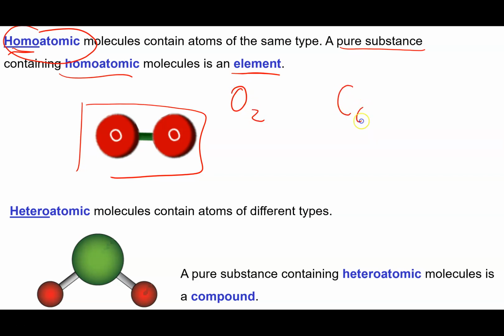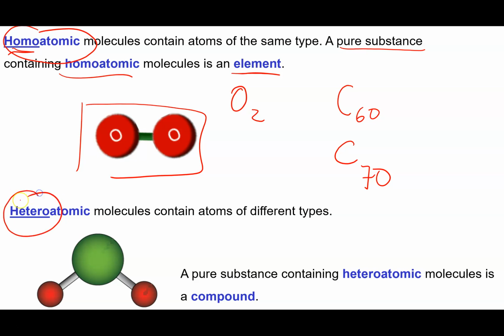For example, there are C60 molecules comprised of 60 carbon atoms, and there are even C70 molecules composed of 70 carbon atoms. Now I should point out that these are manufactured in the lab. We don't find them in naturally occurring samples in any sensible amounts.